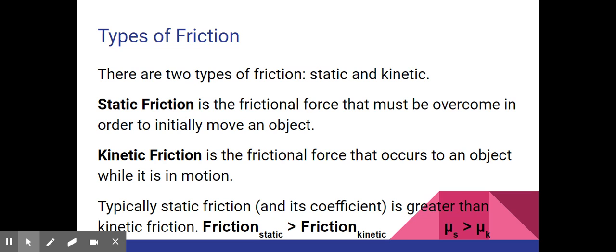Typically, static friction and the coefficient of static friction are greater than the kinetic friction. So static friction is usually bigger than your kinetic friction. It usually takes a little more effort to get something started moving than it does while it's already in motion. Okay, and you can think about things like inertia for this. Inertia is partly to blame.